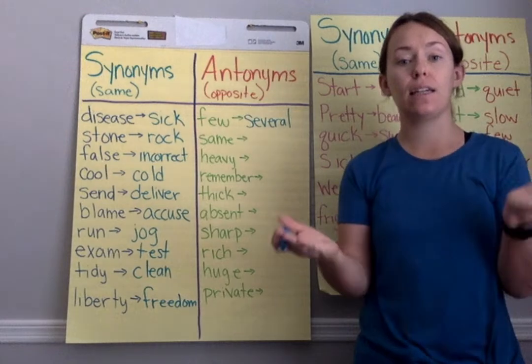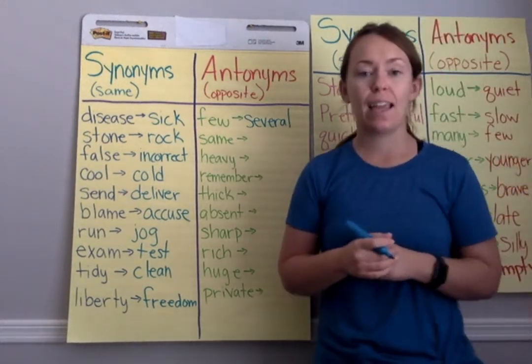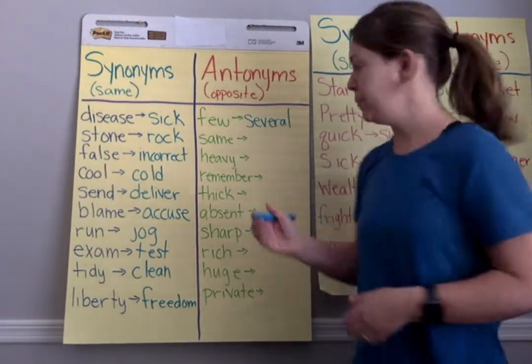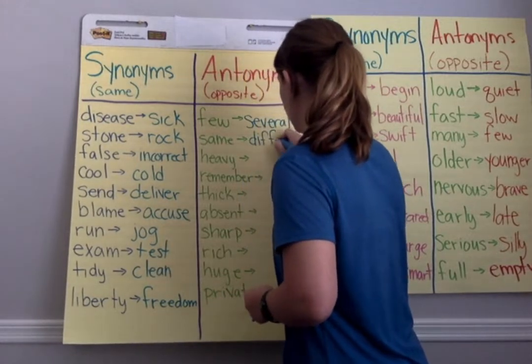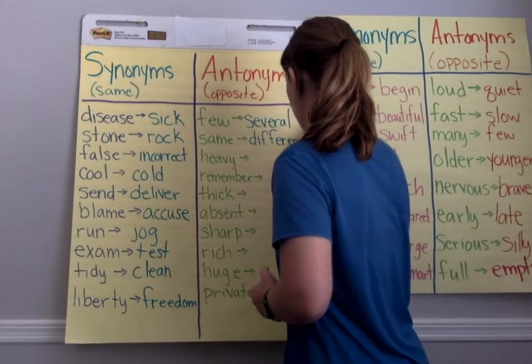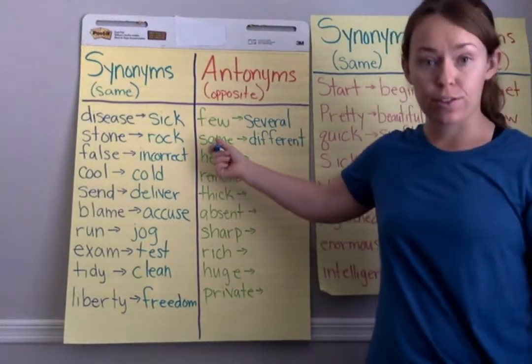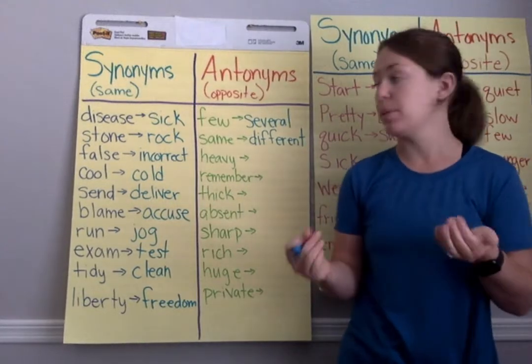So it completely says the opposite thing. Now, if I have the word same, what's the opposite of same? Different. So we got the same answer on the test, and then we got different answers on the test, completely opposite.